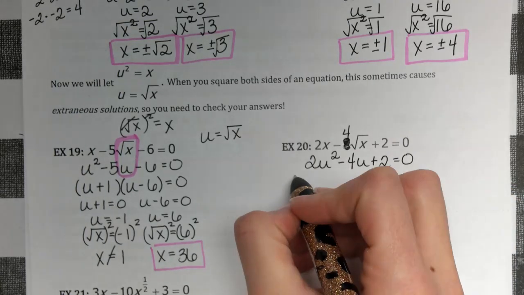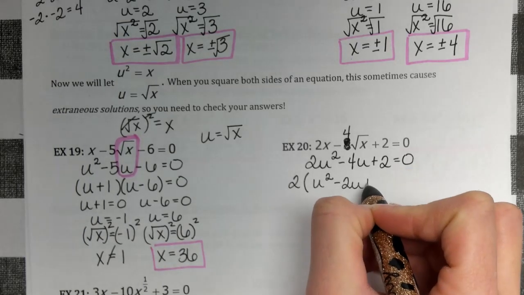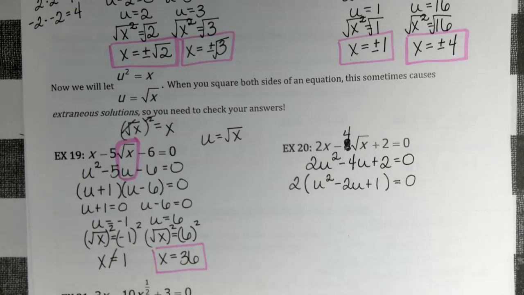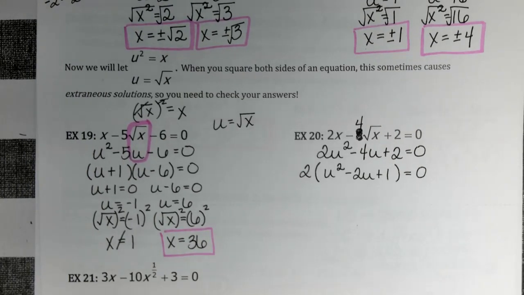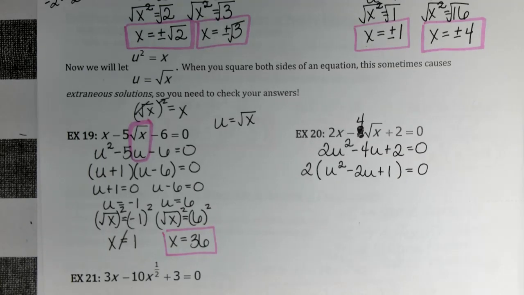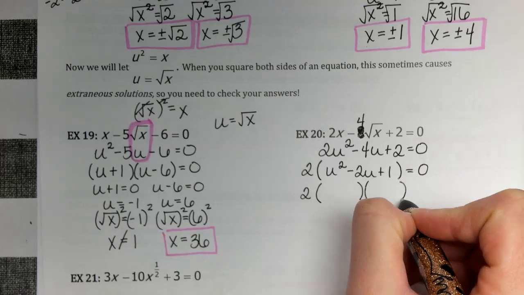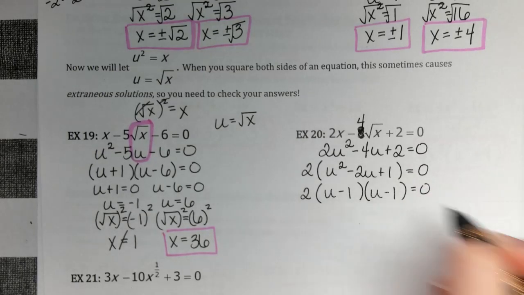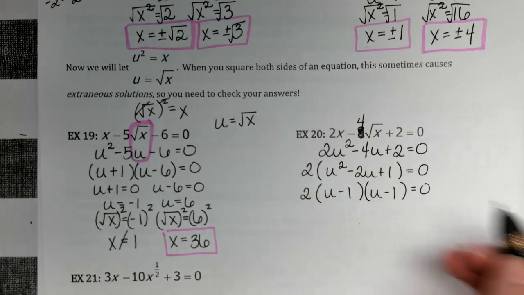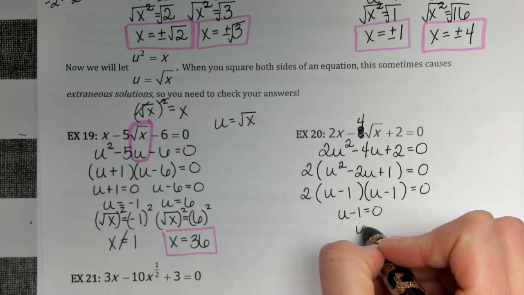GCF of 2? So u squared minus 2u plus 1 equals 0. So what does that factor into? u minus 1, u minus 1. So u minus 1 equals 0. U is equal to 1.